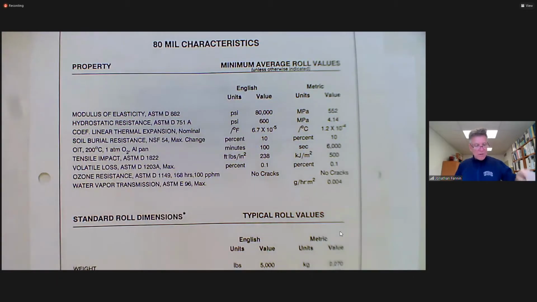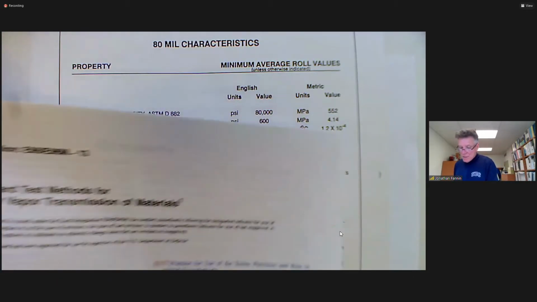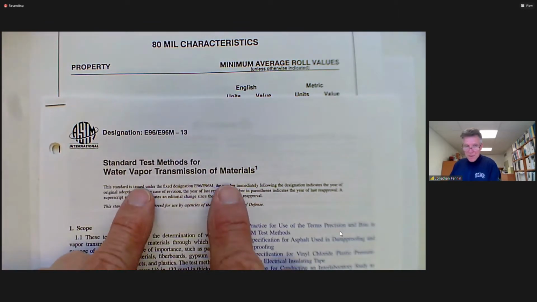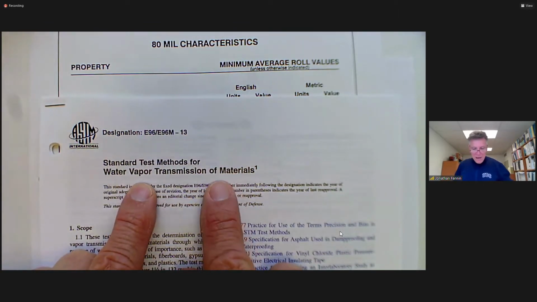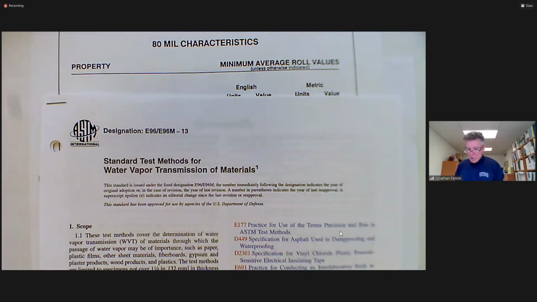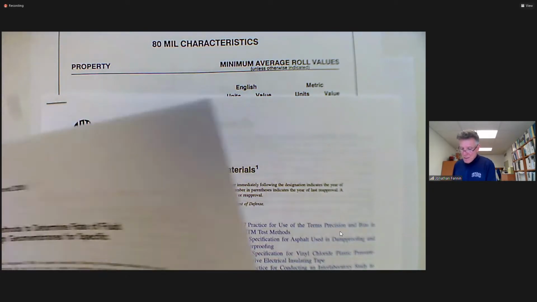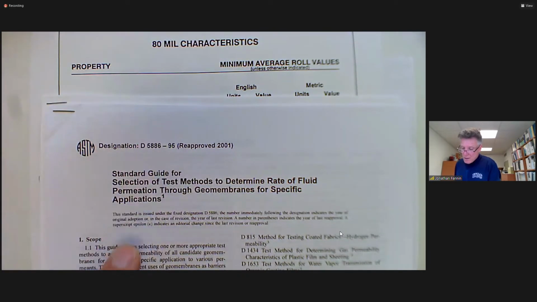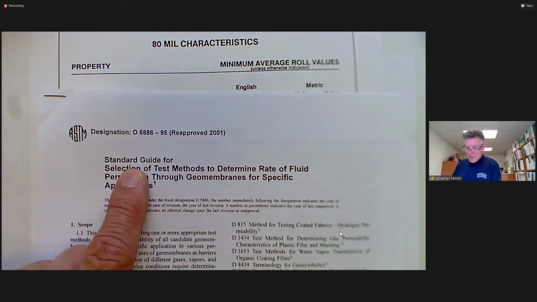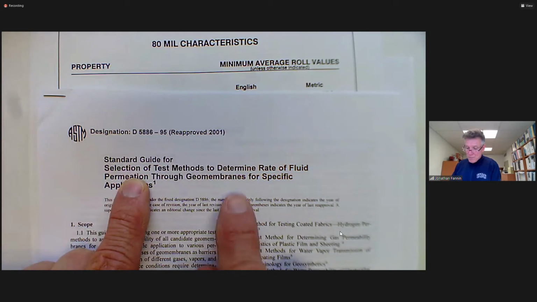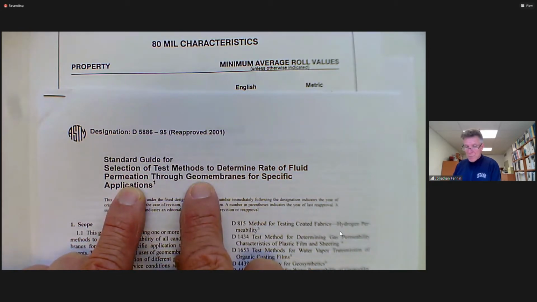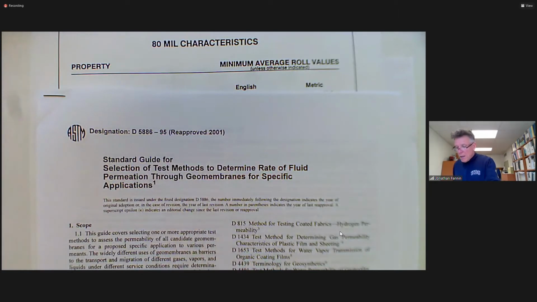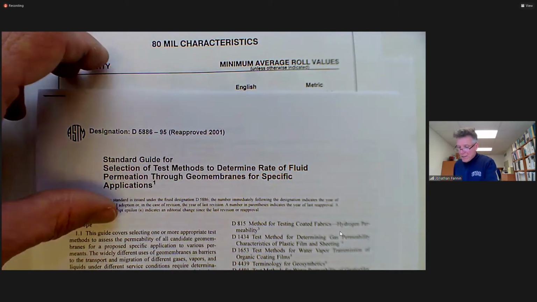Water vapor transmission is a test method in ASTM, and it in turn is recognized in another ASTM document, D5886, Standard Guide for Selection of Test Methods to Determine Flow Permeation Through Geomembranes for Specific Applications. Okay, and the essence of it is captured here.